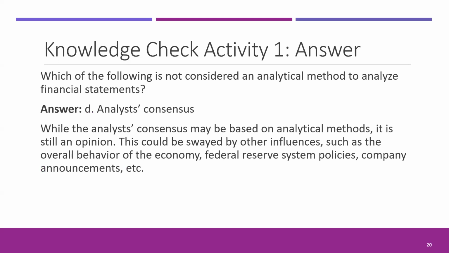That's more of a result. It's an opinion and it's still a result of a lot of this financial analysis. It's not actually a method to perform it. It could be a method using analyst consensuses as a data point to value a company, but it's not actually a method.